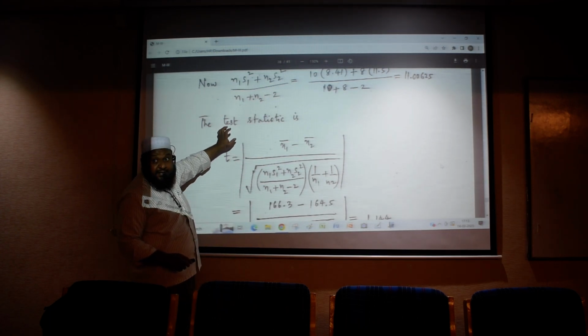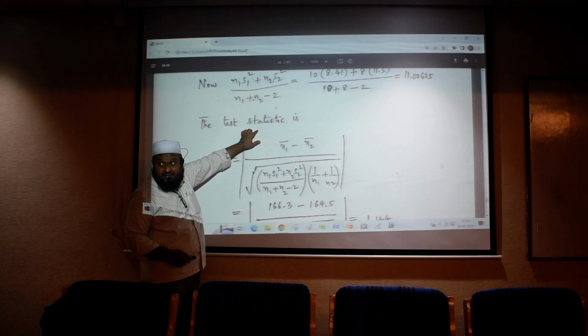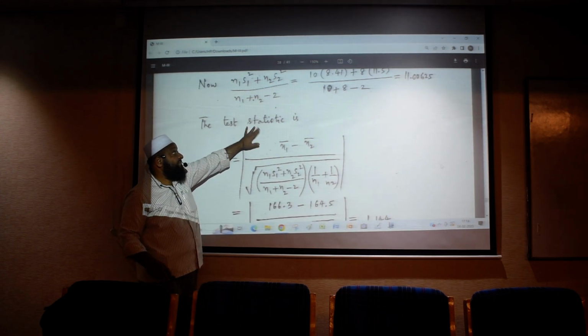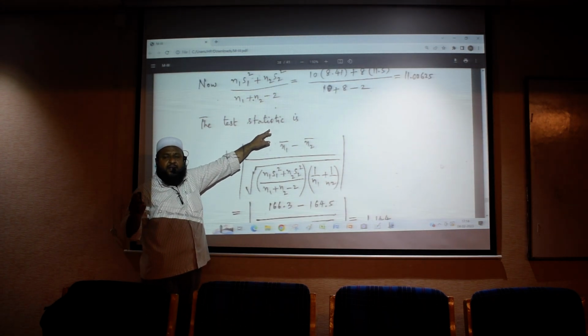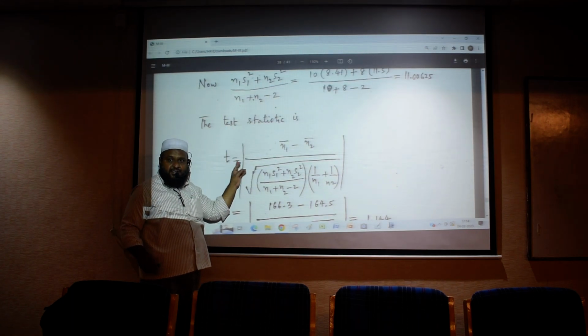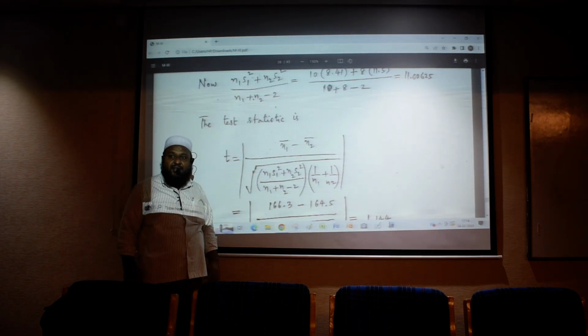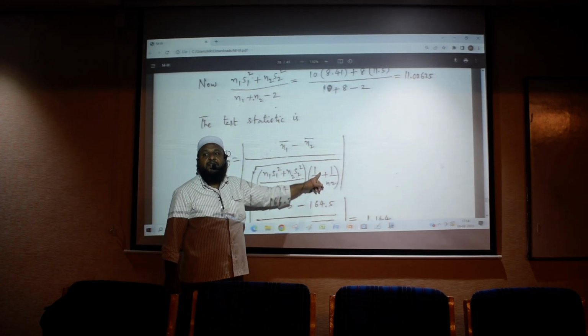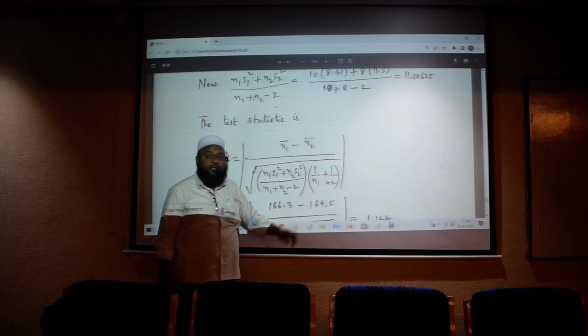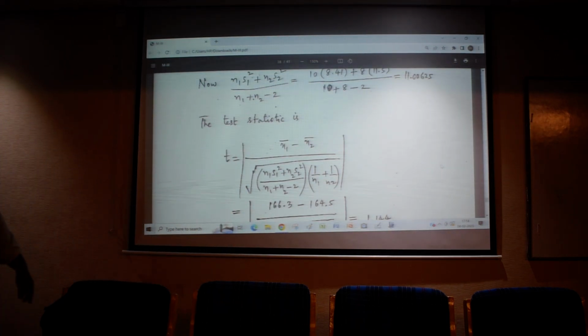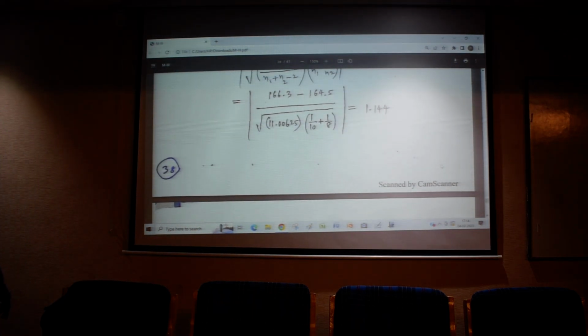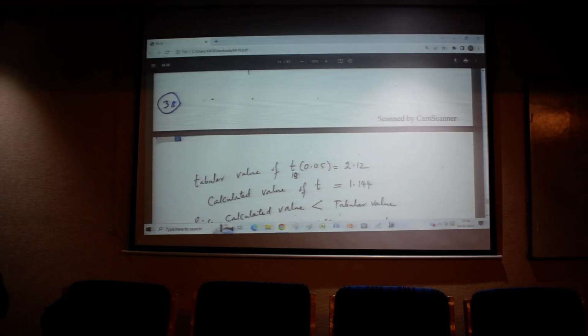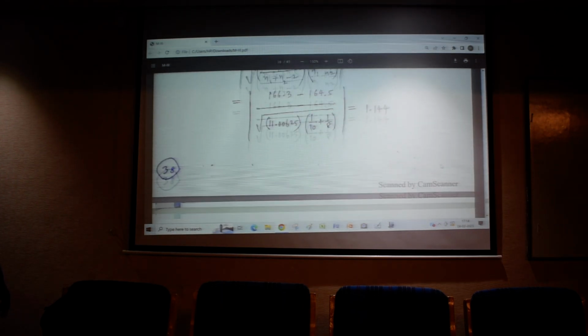This is the test statistic, the test variable. If you forget, write variable. The test variable t is equal to x1 bar minus x2 bar, divided by this bracket value times 1 by n1 plus 1 by n2. I have substituted the values and got t value equal to 1.144.